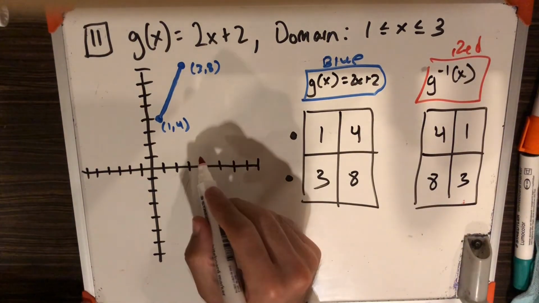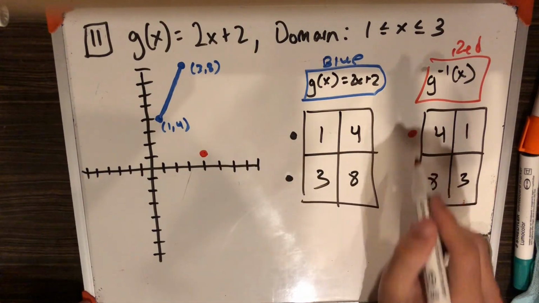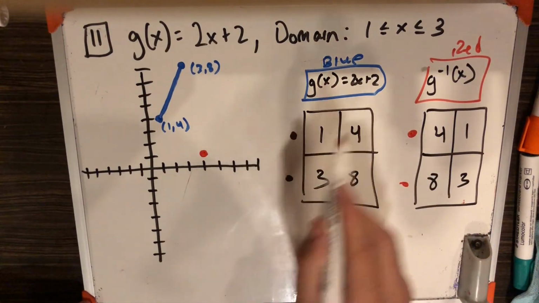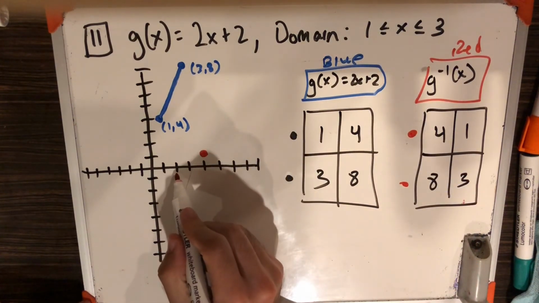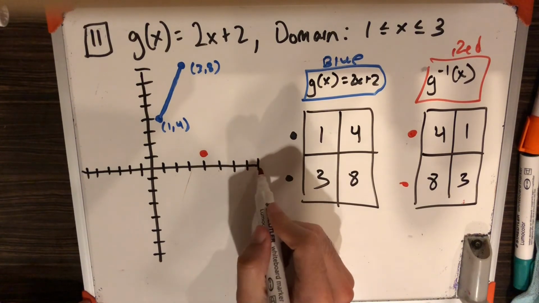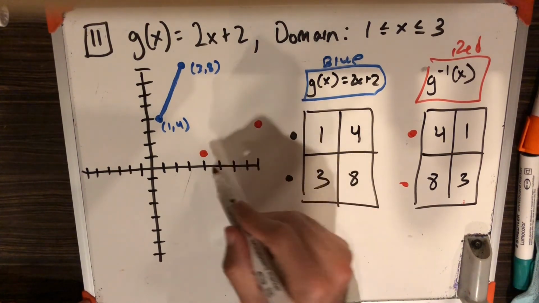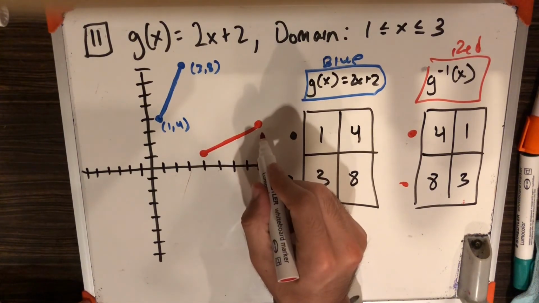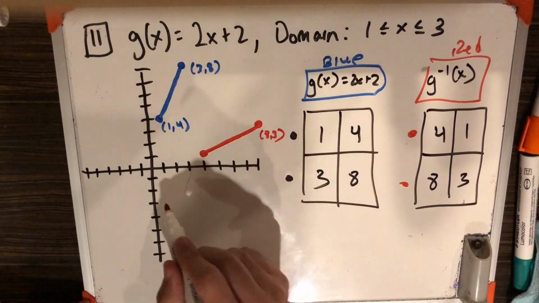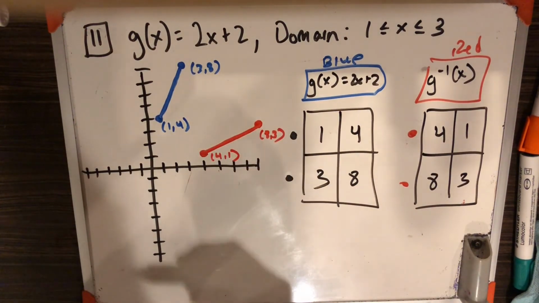I know I'm plugging in 4, 1. Again, these are closed points like I had last time. I know I'm considering 8, 3. So 1, 2, 3, 4, 5, 6, 7, 8. 8 and 3. Okay. Again, that's 8, 3. And I have 4, 1, right?